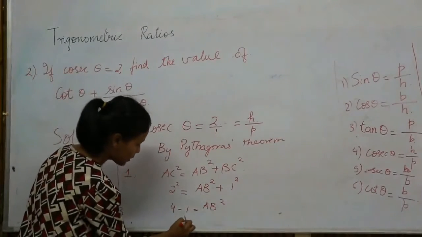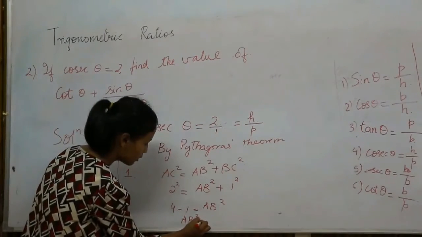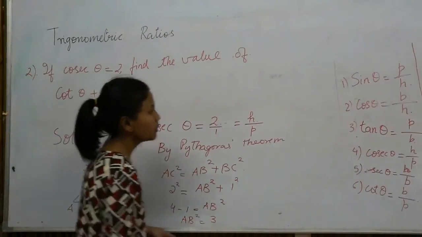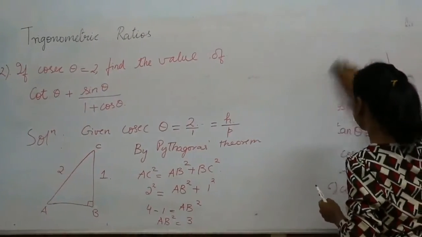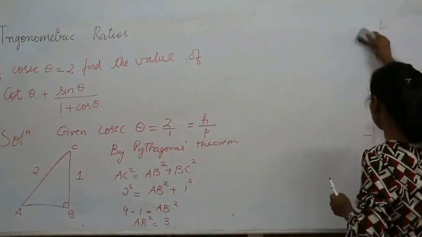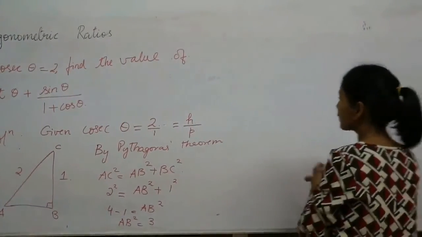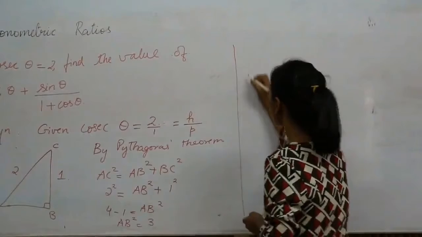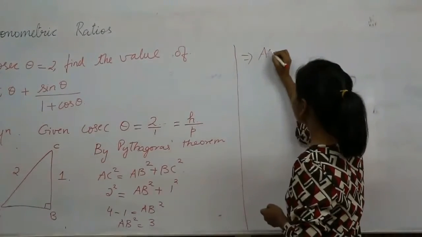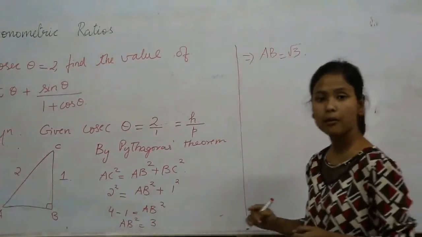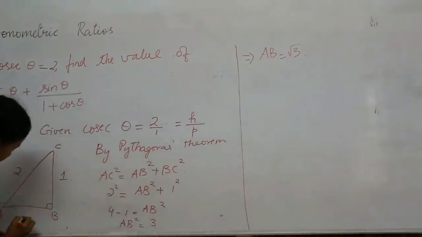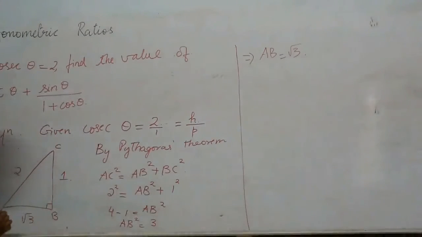Now AB square is equal to 3, which implies AB is equal to root 3. We have found out that the base is equal to root 3.